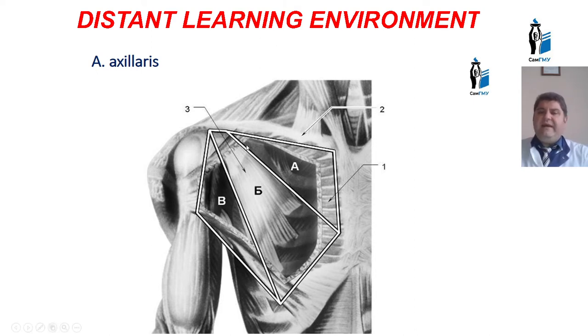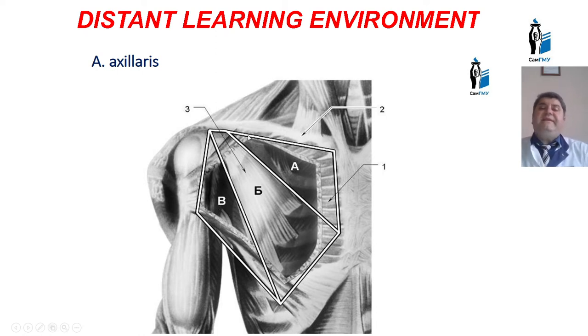And you may see 3 triangles in this region. Triangle A, and in this part of the axillary artery some branches pass. Second part, letter B in Russian, and third part, like letter B in English, letter V in Russian.